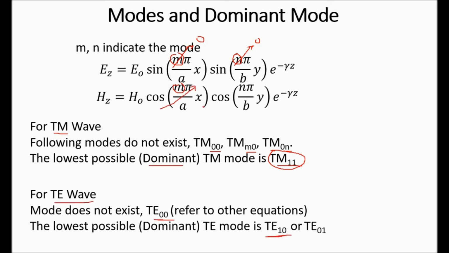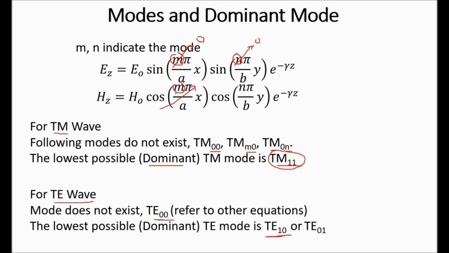For TM modes, there is no z component of magnetic field. So TM has Ez equal to E0 sin(mπx/a) sin(nπy/b) e^(γz).